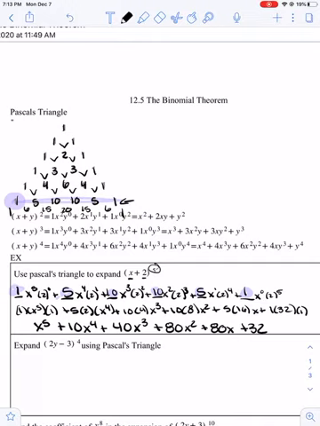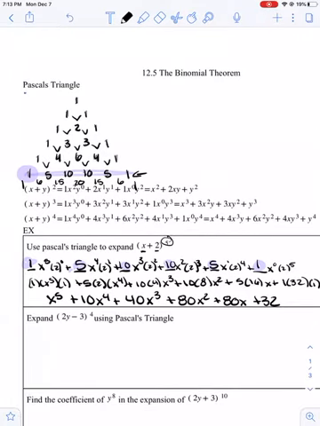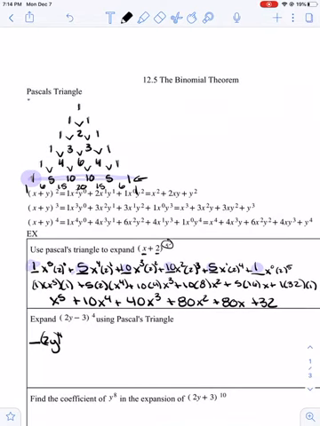Okay, so let's try this again, but now we have 2y minus 3 to the 4th power. So let's start by, we have 2y to the 4th, and it's the whole thing. So even that 2 is going to get to the 4th. And then negative 3 to the 0.